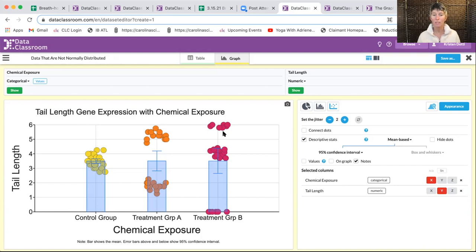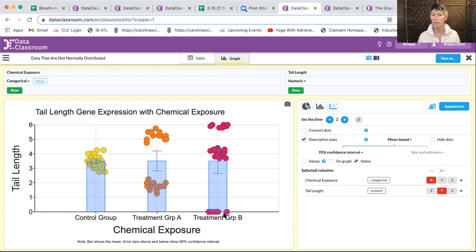When we get to sample group B, we see that the treatment group falls into 3 different clusters. And again, this could be trimodal data, or maybe it's just skewed data. Maybe we have most of them here and some of them here, outliers. But what you're seeing in terms of the observations is many mice that have no tails whatsoever.